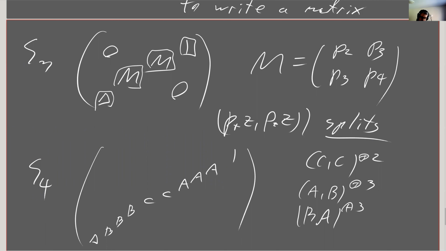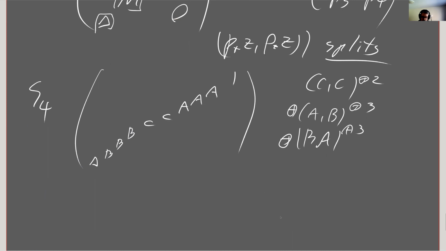So the sum of this and the sum of this, and then the one in the delta. I'll write down 2, though one of these we kill. Basically this is the decomposition we got.